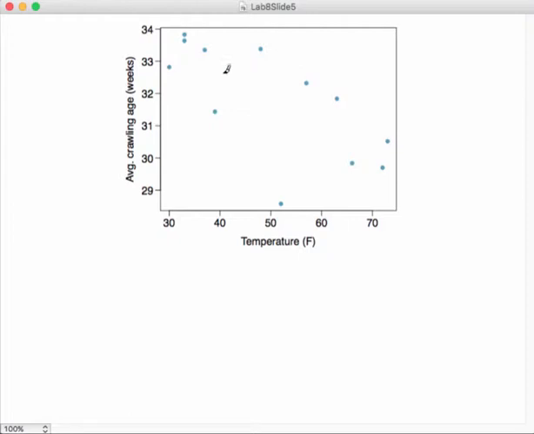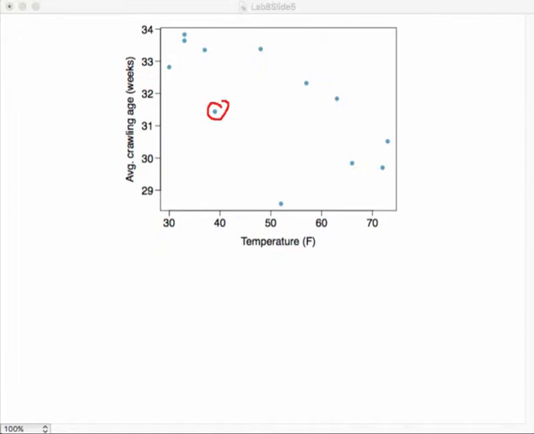We notice that most of the data is clumped up over in this neck of the woods, but there are a couple of data points that are away from it, in particular this one right here. That data point has been moved away from the rest of them. What that infers to us is the possibility of that being an outlier.